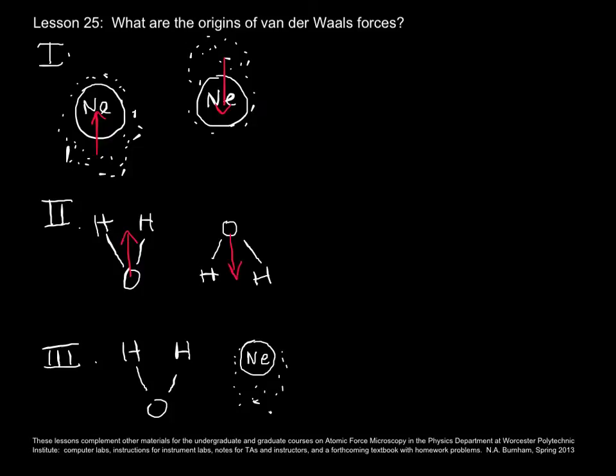Again, I've drawn the preferred orientation, but thermal energy keeps them moving, and the electric fields fluctuating. And then we have the third class, where a permanent dipole is interacting with a polarizable atom, i.e. a temporary dipole.